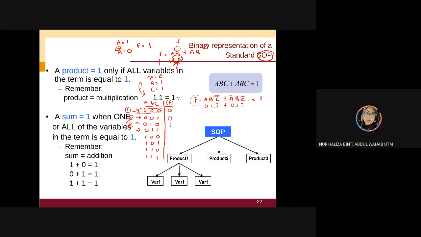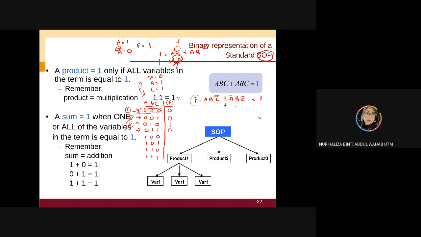I solve: 0 multiplied with 1 multiplied with 0. My answer will be 0. Add with 0 bar will be 1, 1 will be 1, 1 bar will be 0. My answer will be 0. I add 0 plus 0. My answer will be 0. So I put here 0. This one is done manually, one by one.